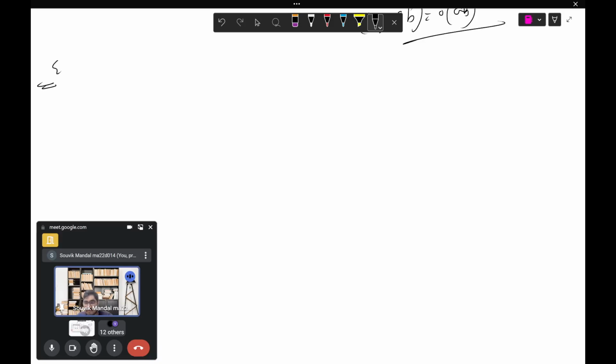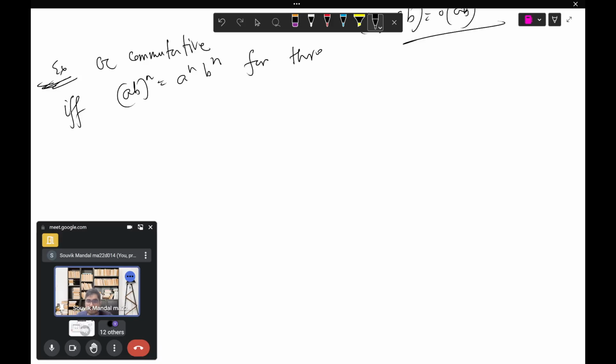Okay, so consider this problem. G will be commutative.